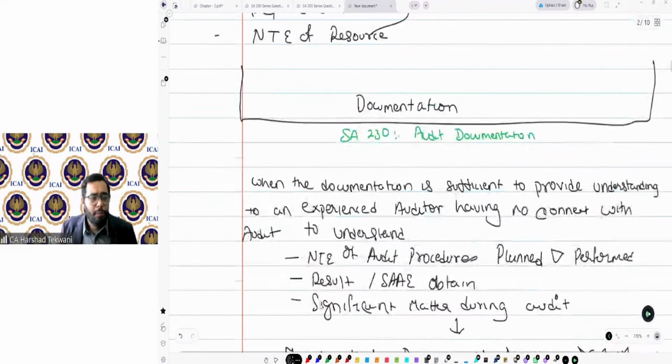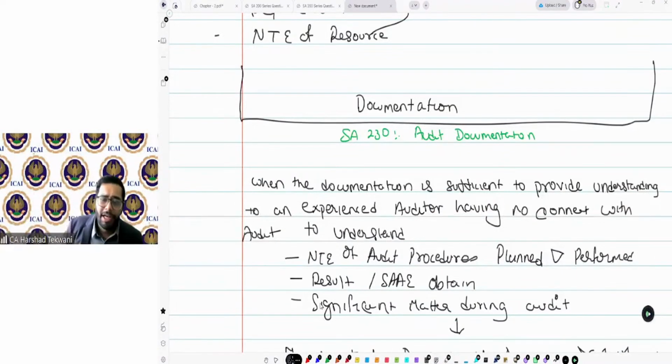So documentation should be in such a way that a person who is not related to the audit can understand the audit in detail. If that is the scenario, then you have appropriate, sufficient documentation. In exceptional situations also, when there is a departure from a relevant requirement, such departures are required to be documented. So documentation is very, very important.